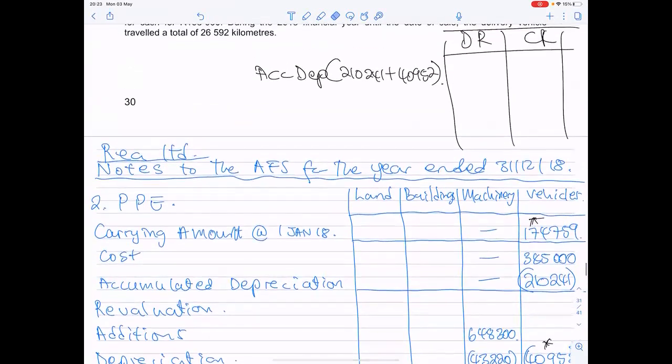So I'll put my 251,193. Then you credit your cost, the vehicle at cost. The cost of the vehicle is 385,000.